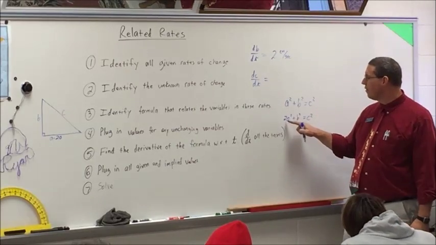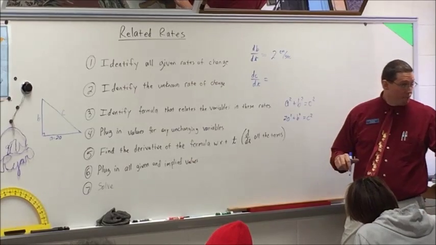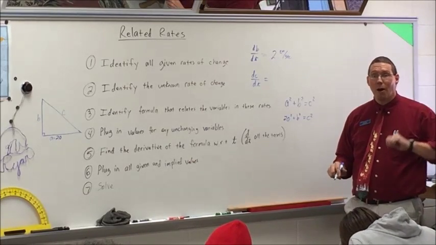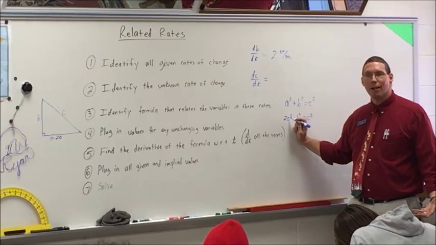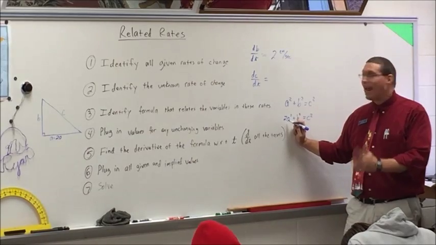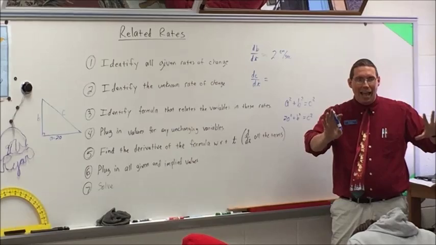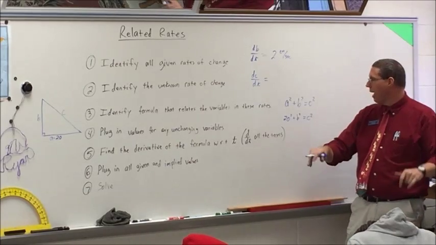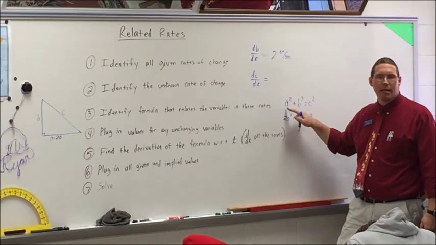What is the derivative of 20 squared? Think about it. It's 0, because there's no variable. Isn't this a constant? So the derivative is 0. Now, as an aside here, what would the derivative of A squared be?